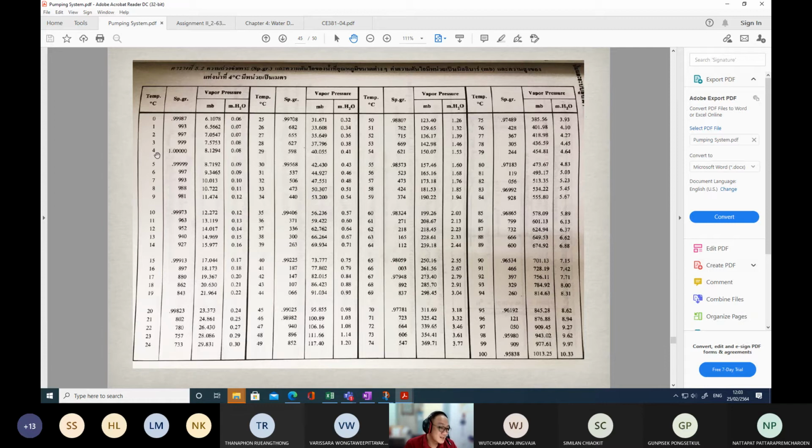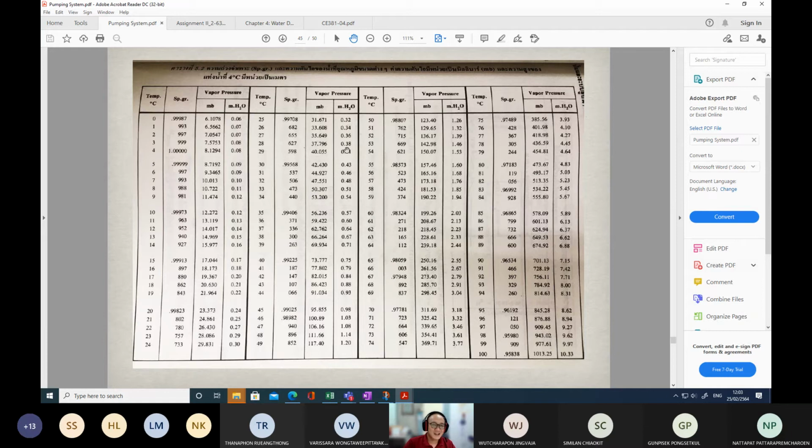So 4 is a critical temperature for water, where the specific gravity reaches its maximum of 1, not at any other temperature. That is why most of the equations are applicable only at 4 degrees Celsius.